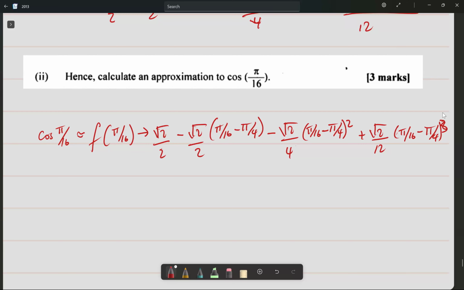Hold on. Pi over 16 minus pi over 4. Okay, that's root 2 over 2 multiplied by 1 minus answer minus answer squared plus answer cubed.